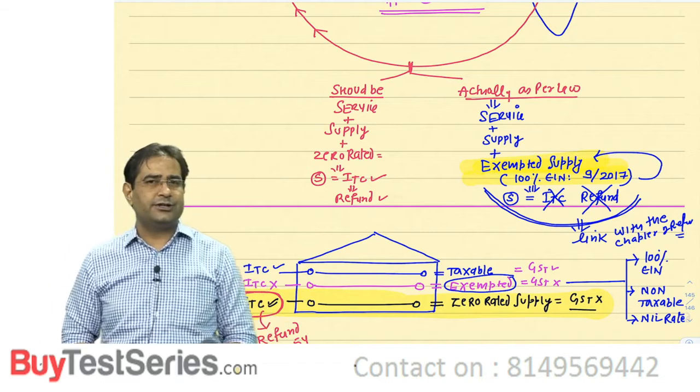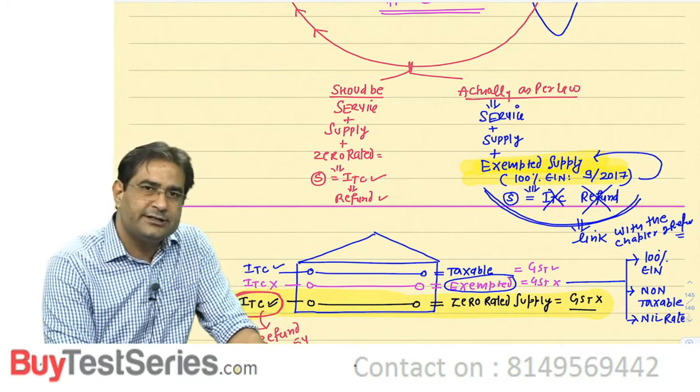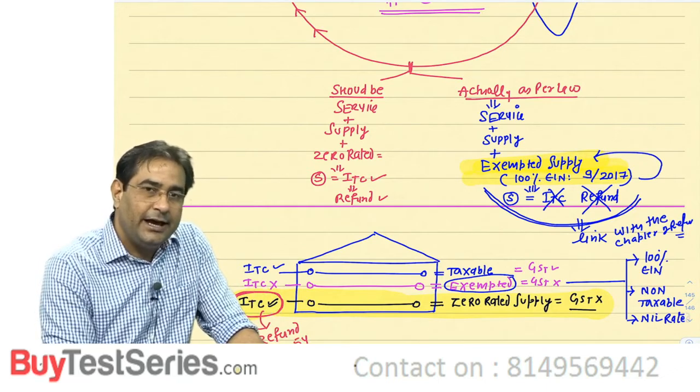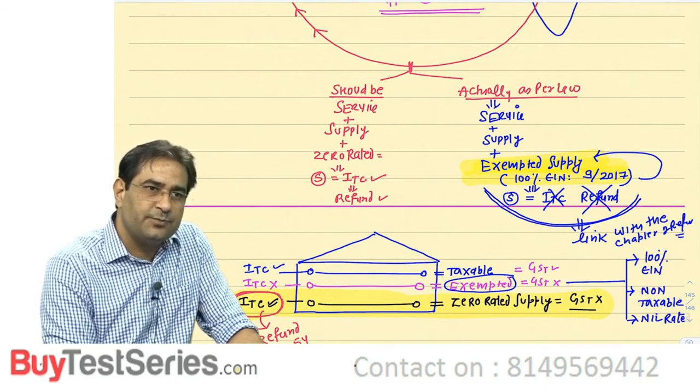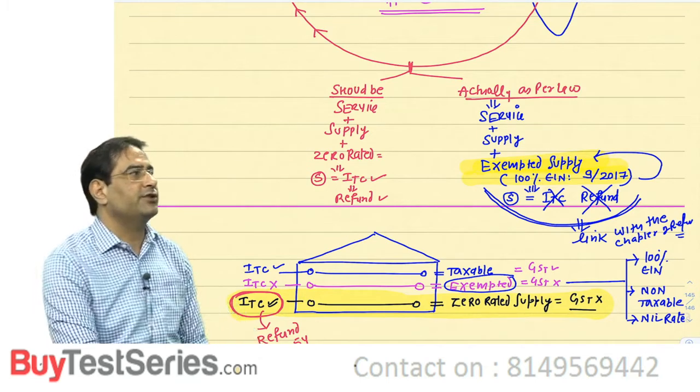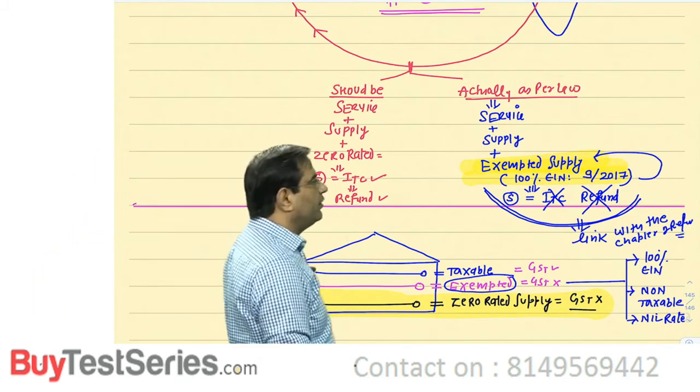Now the final question is this: if exempted services are exported, whether those services would be treated as zero rated supply or not.